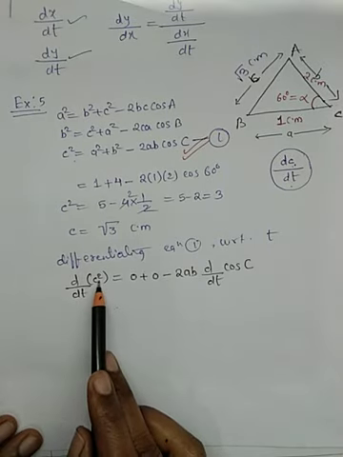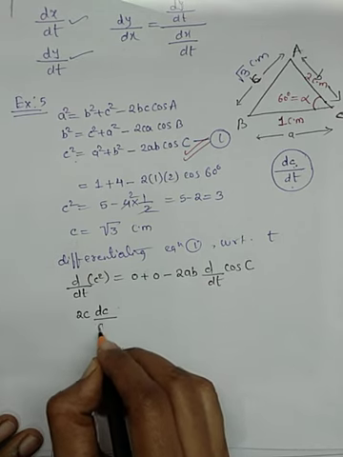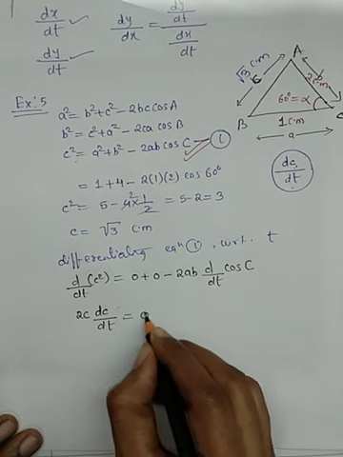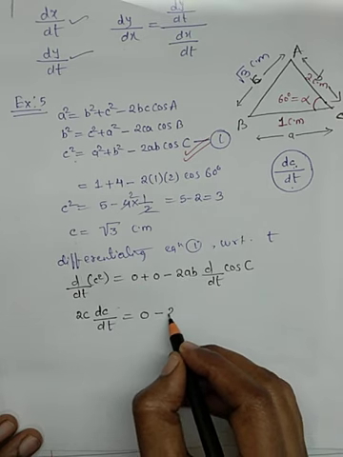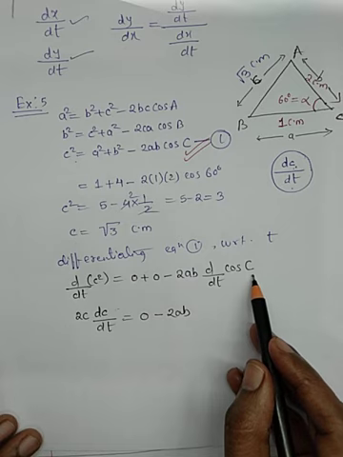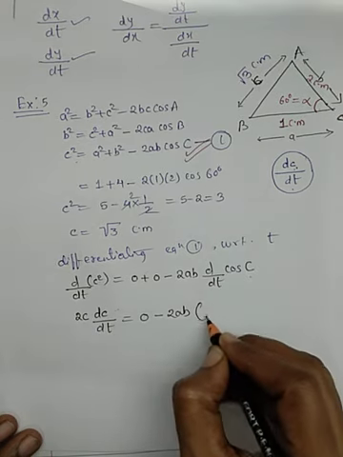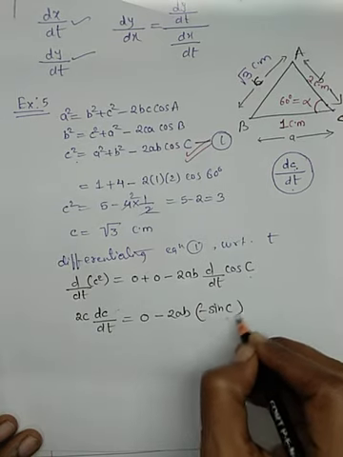Now, what is the derivative of c square? It is going to be 2c dc by dt equals 0 minus 2ab and the derivative of cos of capital C. What is the derivative of cos x? We know it is minus sin x with respect to x if we are finding that. The derivative of cos C will be sin of C, but it is with respect to t.